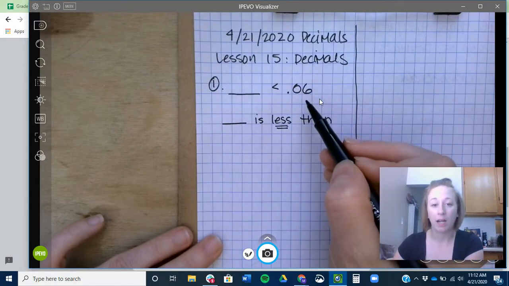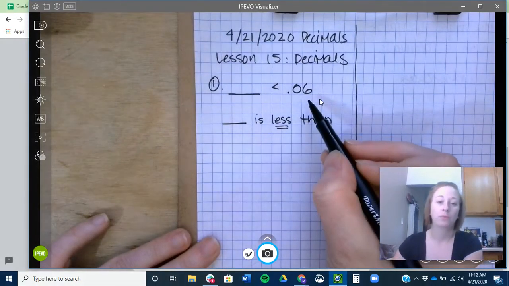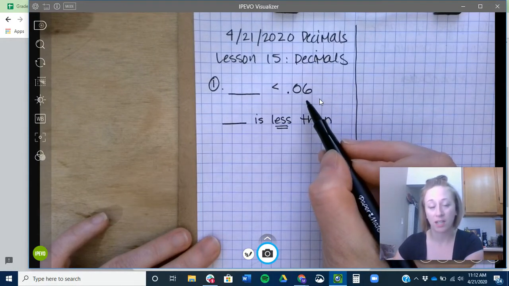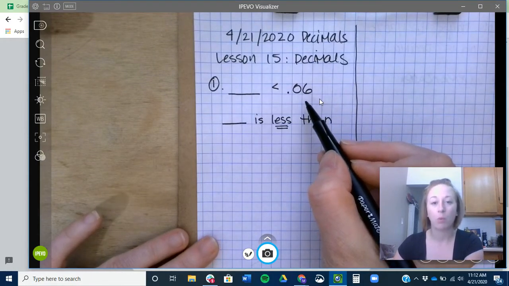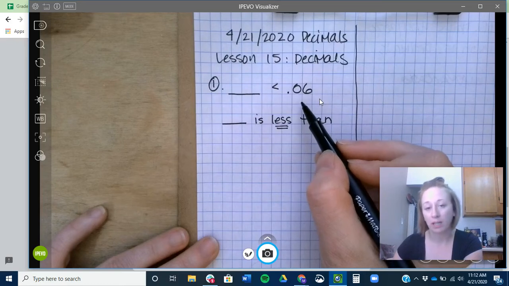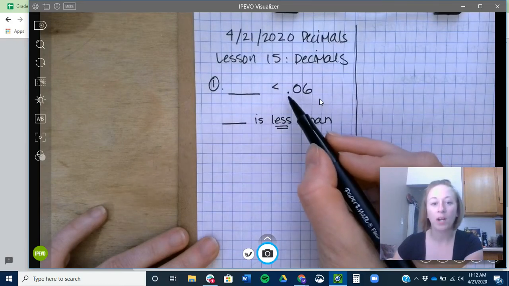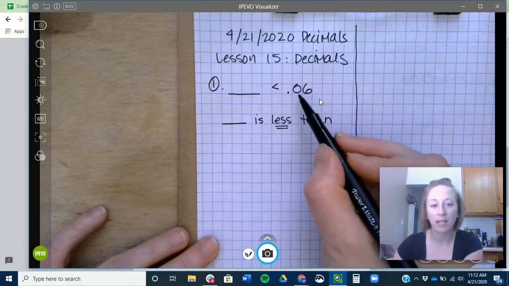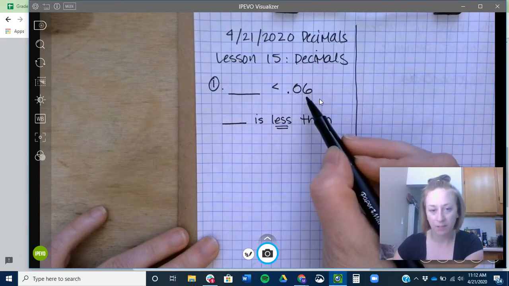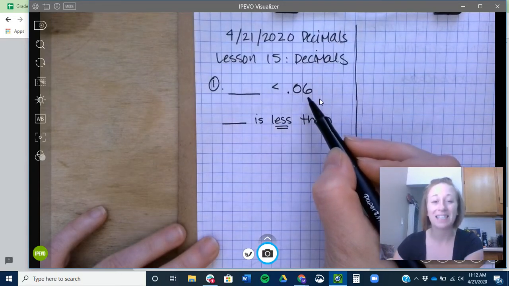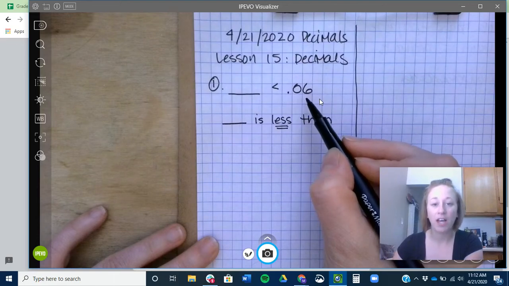The next thing that we're going to write is the value of this decimal in words, that's right, words. So we have to remember the work that we did yesterday and remember what is the place to the right of the decimal. The first place is, that's right, the tenths. The second place from the right is the hundredths. So this value is 6 hundredths.